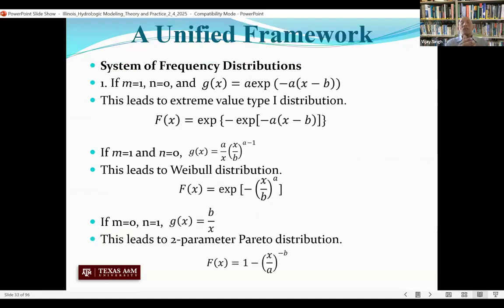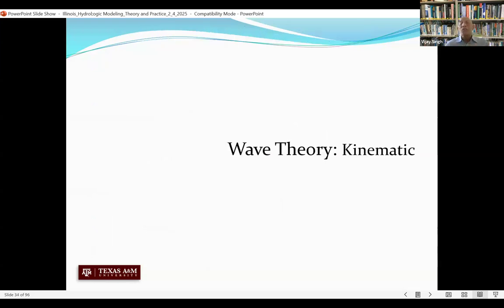For example, extreme value type 1 distribution, if m is equal to 1, n is equal to 0, and g of x is this way, it leads to extreme value type 1 distribution. If n is equal to 1, m is equal to 0, and g of x is written this way, it will lead to Weibull distribution. Likewise, you can derive Pareto distribution, generalized extreme value, almost any distribution.